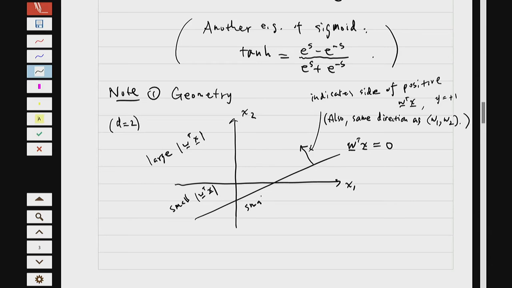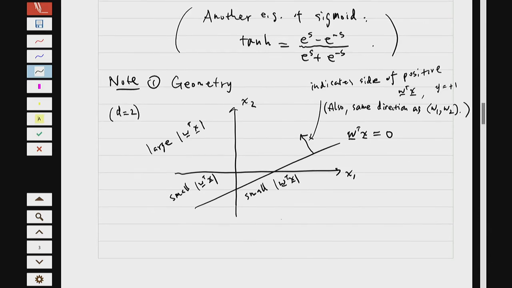When you're close to the line, you have small magnitude of the product, and then here you have large magnitude of the product, between the two, right? And in the middle, it's just 0. That's large positive, small positive, small negative, large negative.